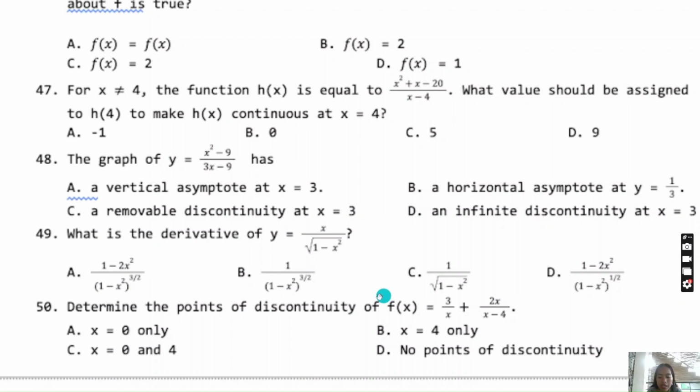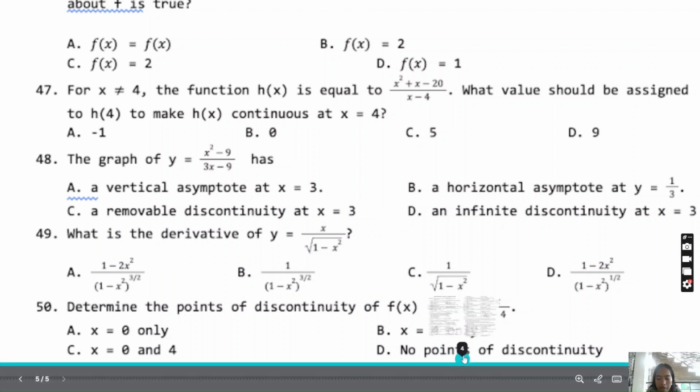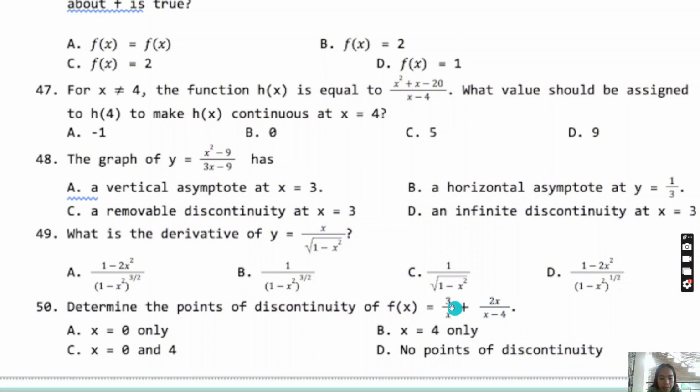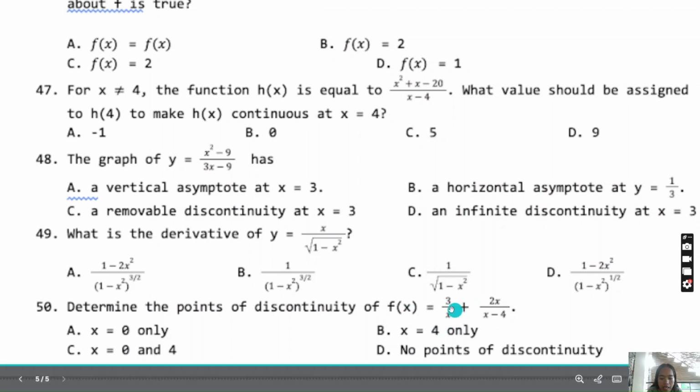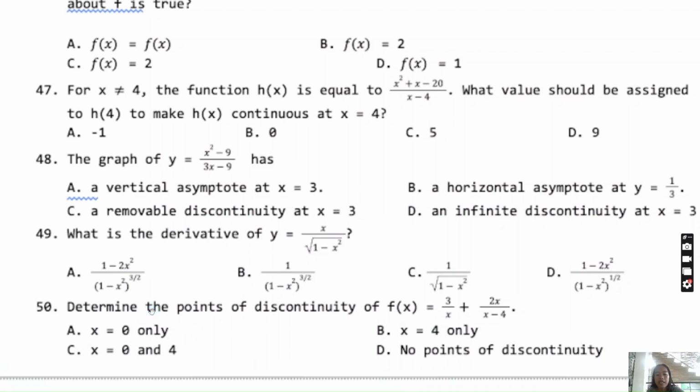Because in our function, the denominator cannot be equal to 0. So in the first expression, x should not be 0, and in x minus 4, x should not be equal to 4. So that's why our answer matches letter C.